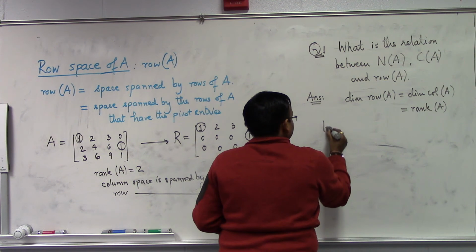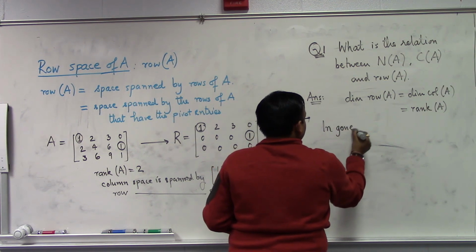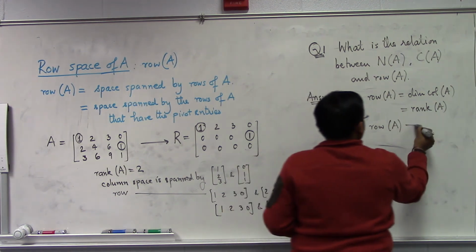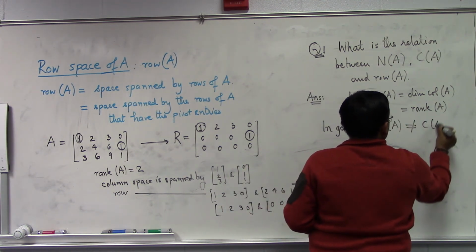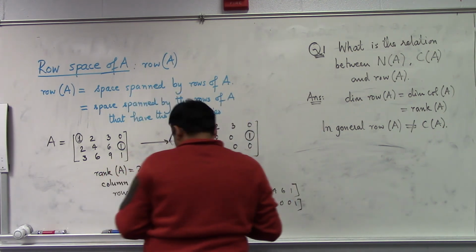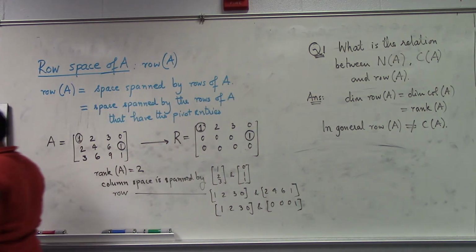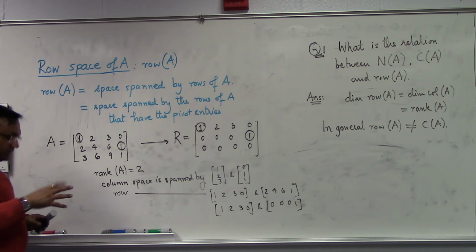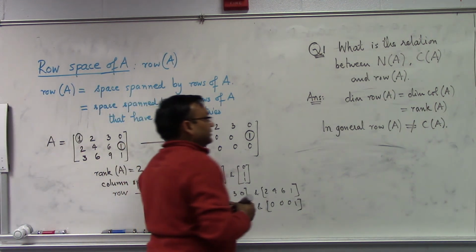In general, the row space of A is not the same as the column space of A. If it so happens, it's a very special case, and you can guess when that will happen. Think in terms of invertible matrices and you may find the answer.